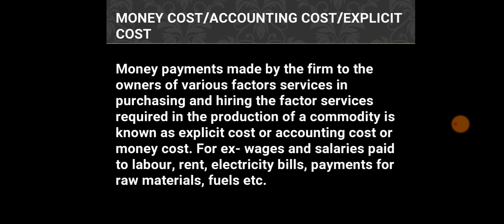That is also a cost for him. And there are other payments made for raw material, fuel, power, etc. All this comes under money cost, accounting cost, or explicit cost. This is the actual cost where monetary payment is made by the firm owner, and it is always recorded in the books of accounts.